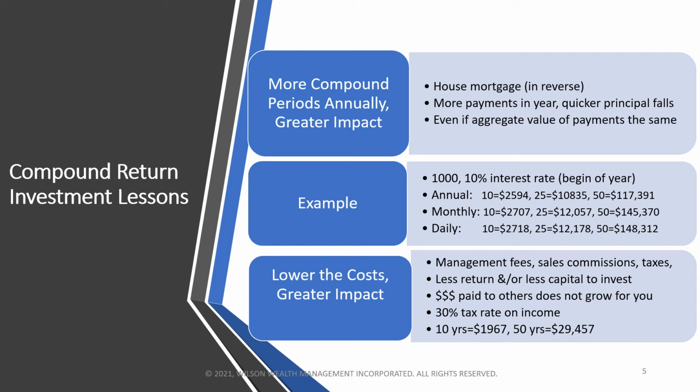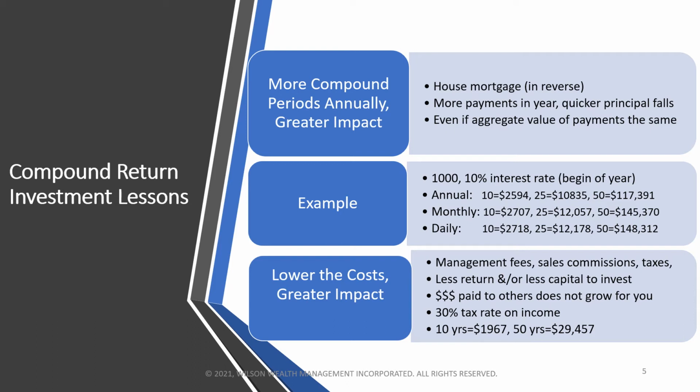If we look at it from the compound return side, we take our original example, a $1,000 bond, 10% interest rate. On an annual basis, we saw that after 10 years, the value will grow to $2,594. But on a monthly basis, that same bond will grow to $2,707 after 10 years. On a daily basis, $2,718.